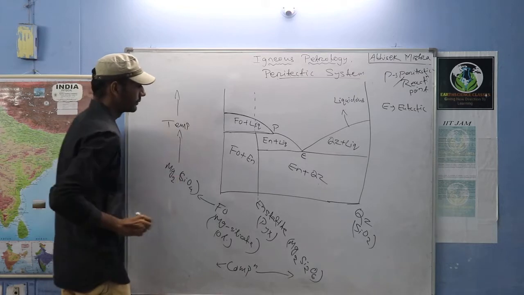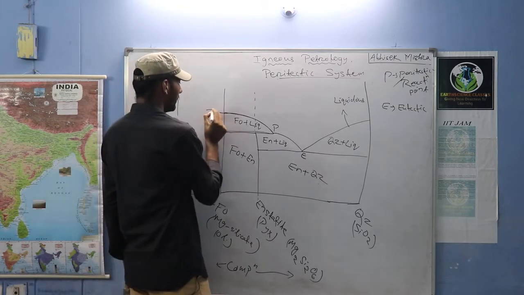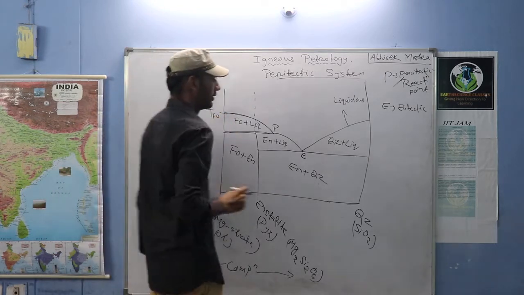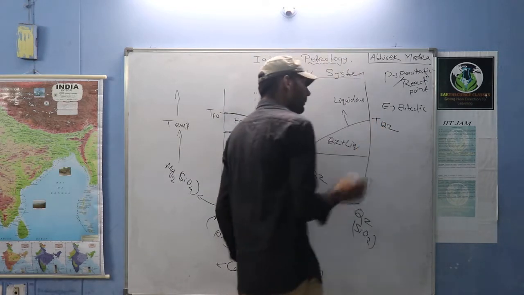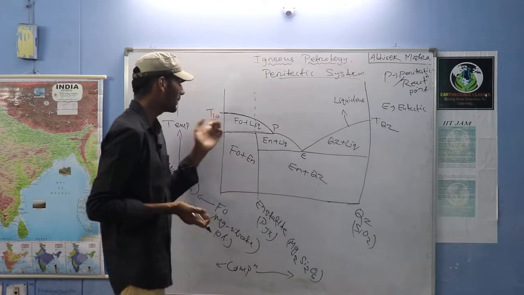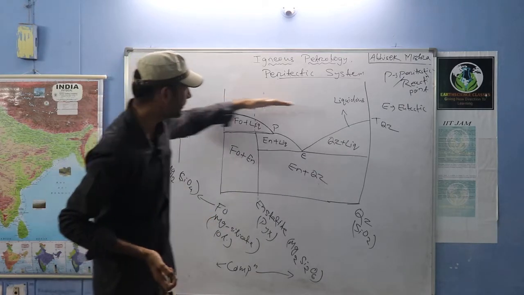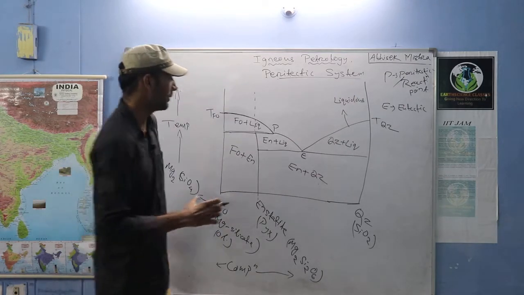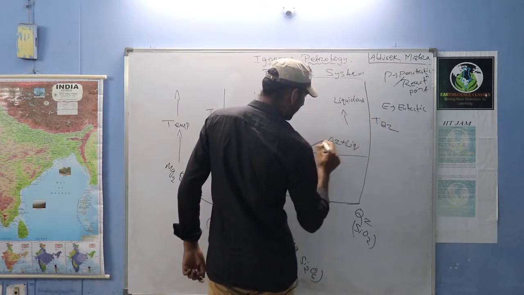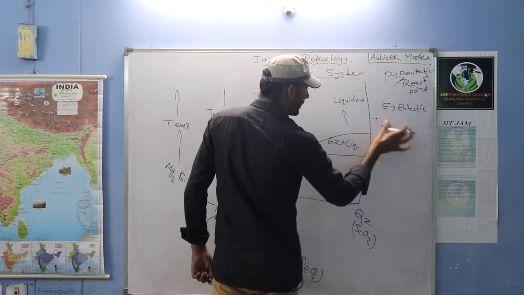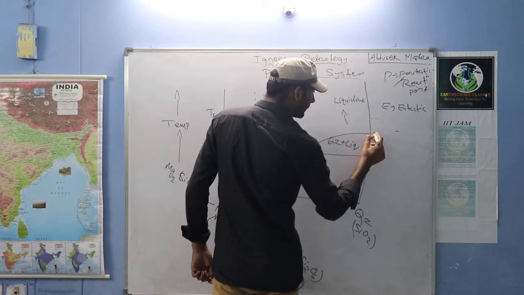Here is the temperature of forsterite, here is the temperature of quartz. Obviously the temperature of quartz will be lower than the temperature of forsterite. In my diagram it may appear the same, but it is not the same. It will be somewhat like this. The temperature of quartz should be lower.